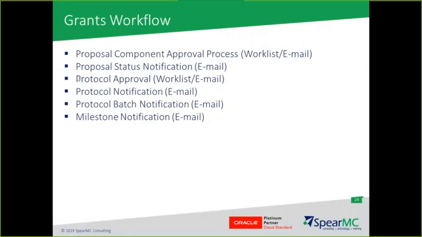And then similarly for protocols, which I'll jump into in just a minute, if you wanted to track human and animal protocols, you have the ability to generate an approval process as well as notifications through email. And then on the post-award side, there is the ability to have email notifications for milestones that are becoming due.